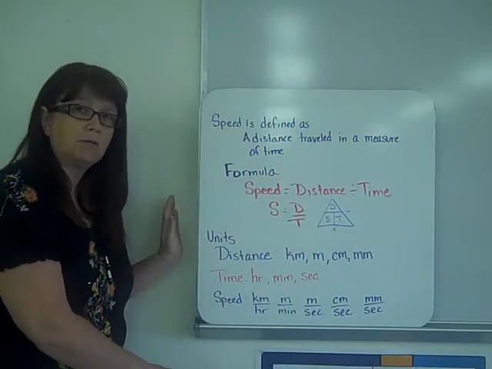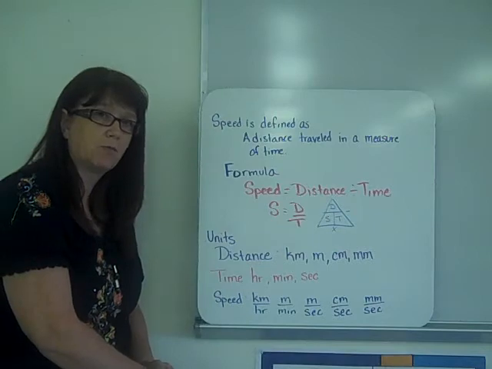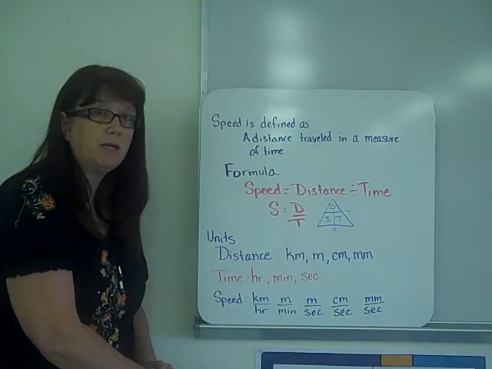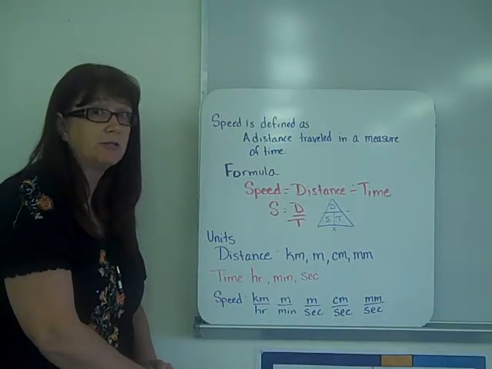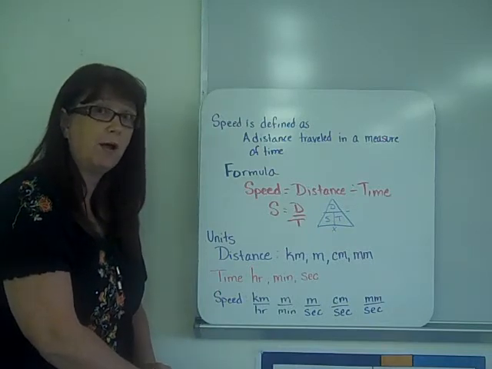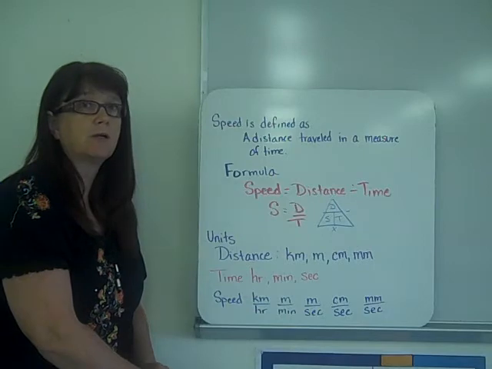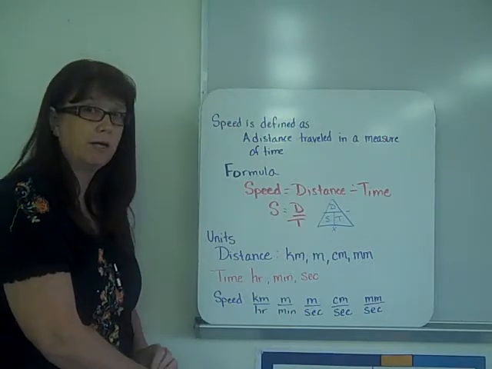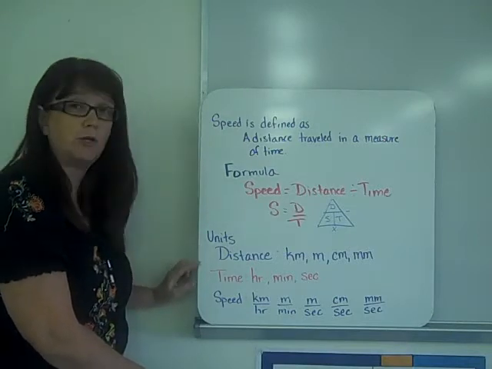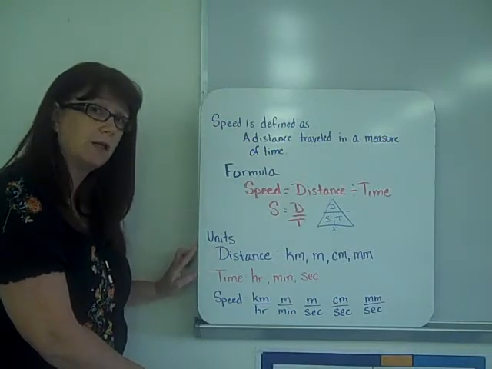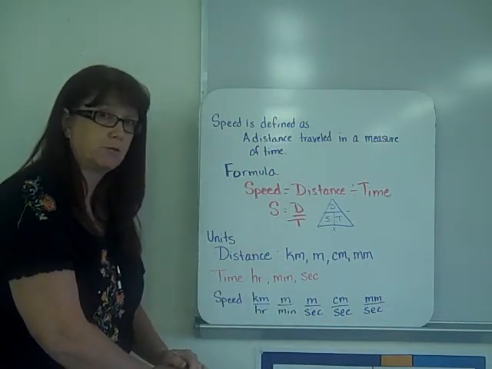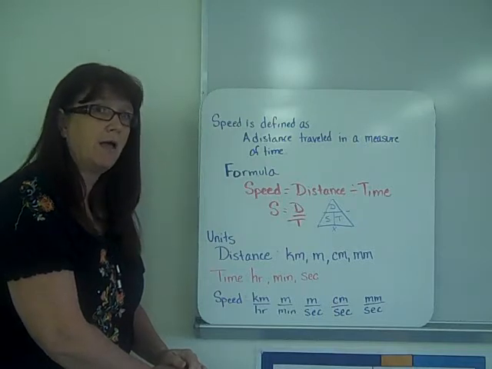When we talk about numbers in science, we need to make sure that we put units to those numbers. Numbers can mean a variety of different things, especially in science. They can be a measure of volume, a measure of distance, a measure of time. So we need to make sure that we're using our units. We should have no naked numbers. So underneath the speed flap, you're still going to put the units. For distance in class, we will use the units of kilometers, meters, centimeters, and millimeters.